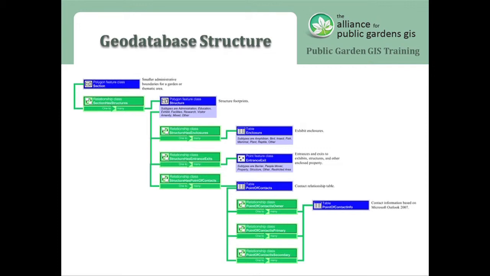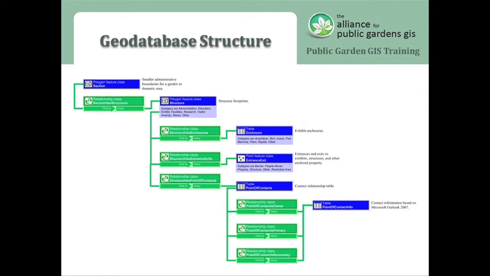You'll also see that structure has another relationship under it. It says structure has entrance and exits. This is also a one-to-many relationship, meaning that a structure can have zero or one or many exits and entrances associated with it. And these are really handy for doing routing.